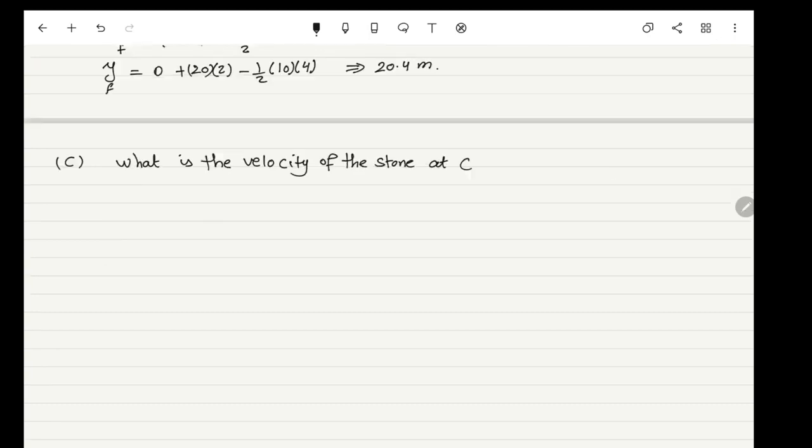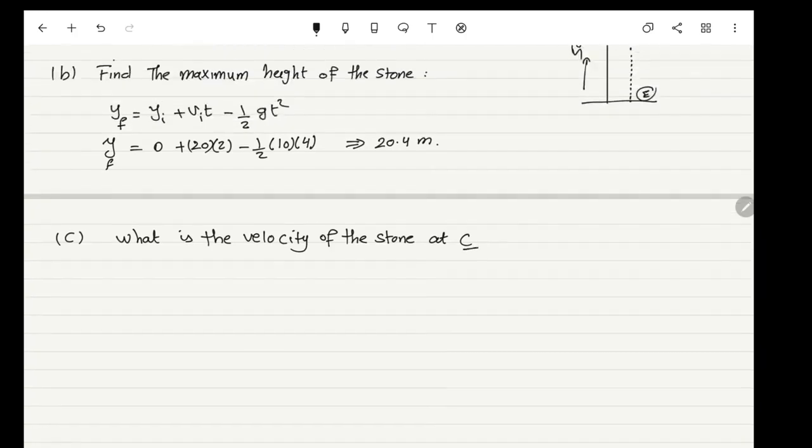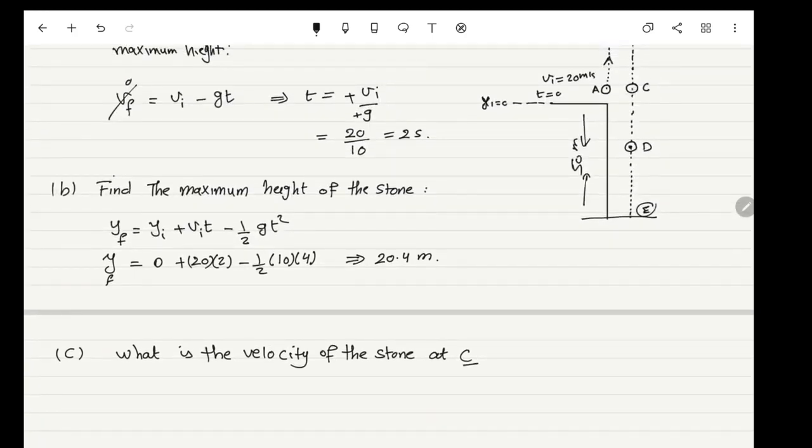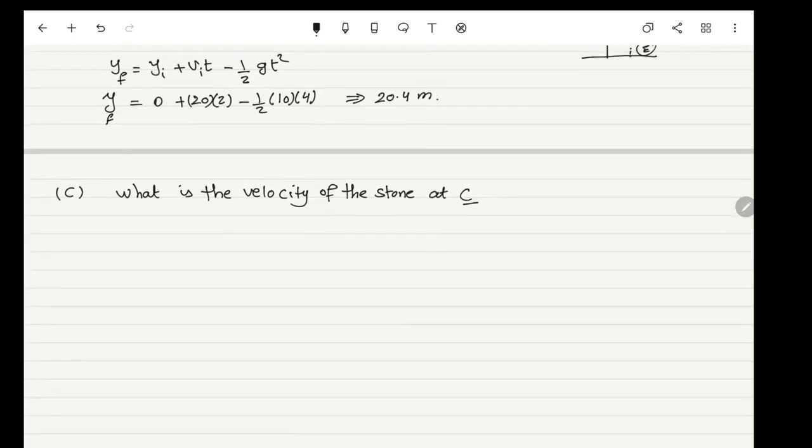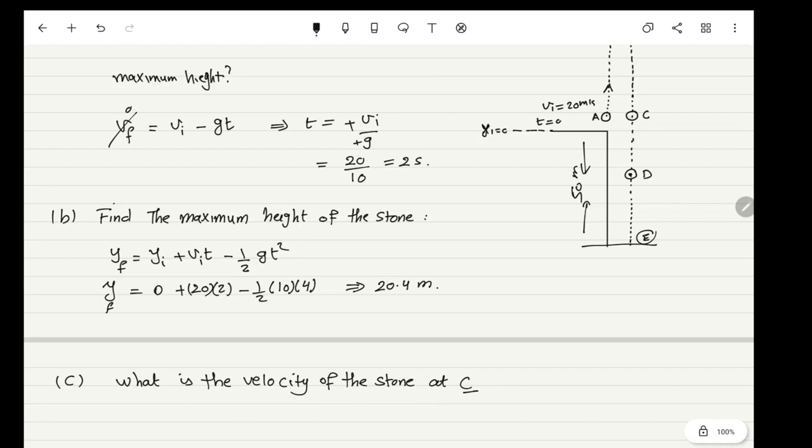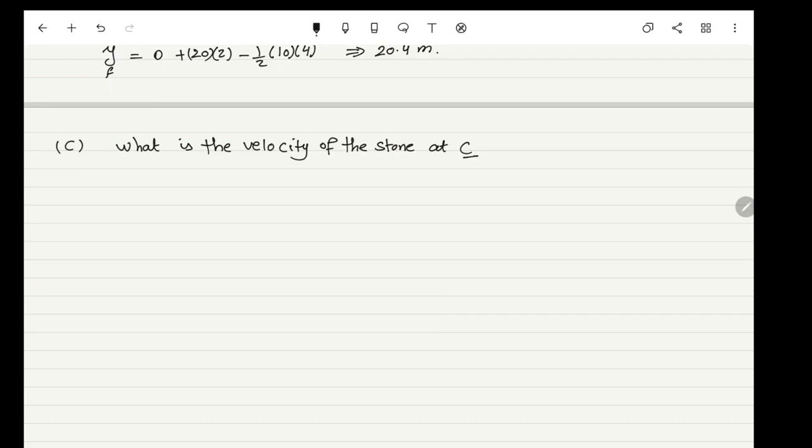What is the velocity of the stone at point C? Back to the example here: C is at the same height as A. We just mentioned before that it should have the same velocity but a different direction. Now let's prove this one. Using this equation, V final squared equals V initial squared minus 2G delta Y. V final squared, which is what we're looking for, equals 20 squared minus 2G delta Y, where delta Y is Y final minus Y initial.